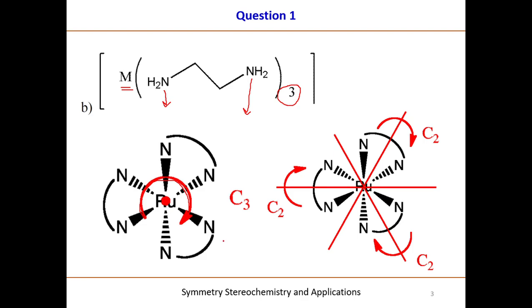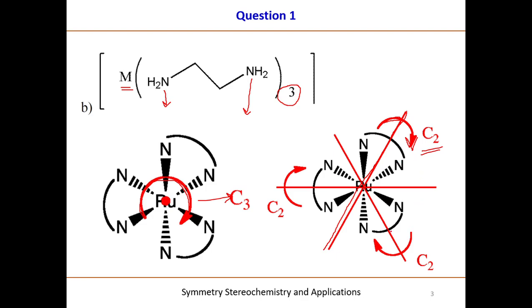Now here one C3 is present, that is the principal axis. Now we have 3 subsidiary axes here, passing through this way. If you consider this way, if you rotate this by 180, you will again get an indistinguishable image of this compound, which shows the same symmetry.